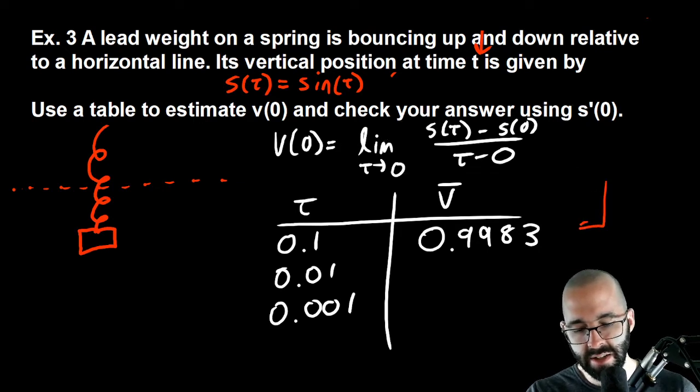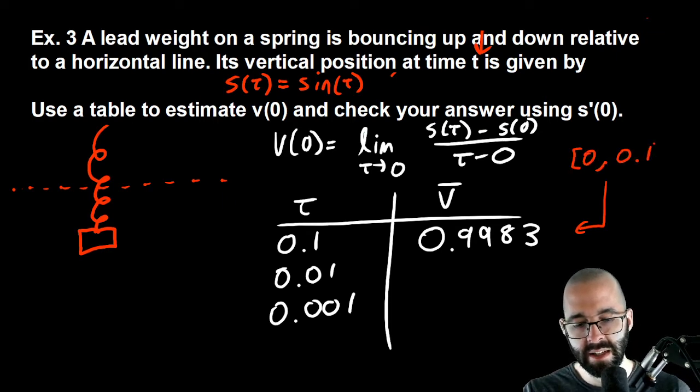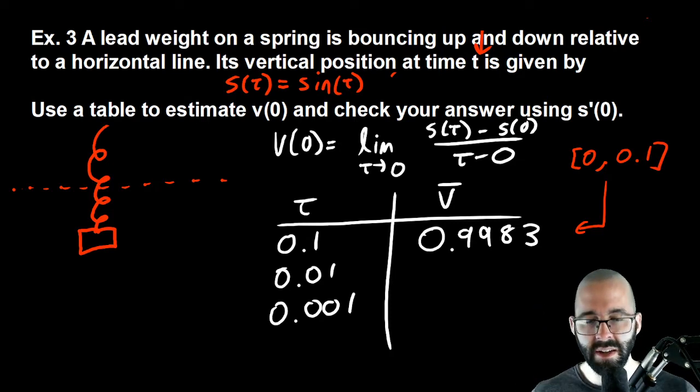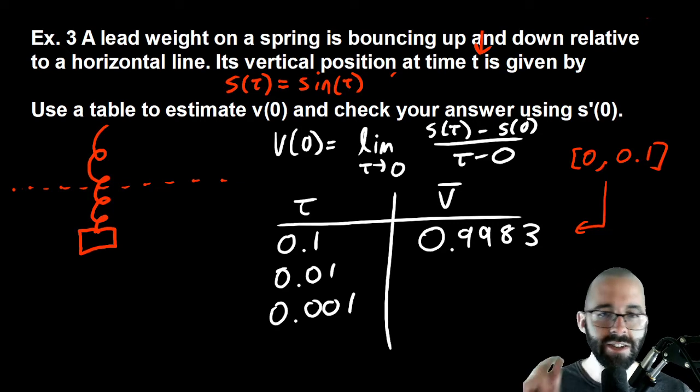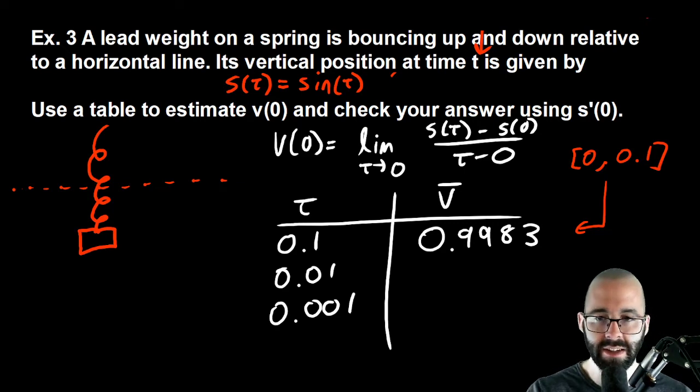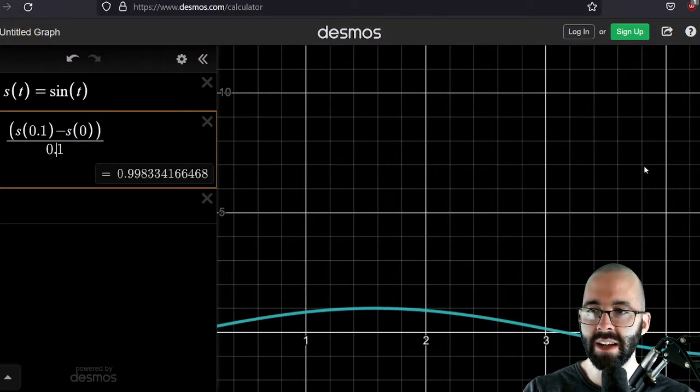Specifically, this right here is average velocity on the interval from 0 seconds to 0.1 seconds. And as we make this interval smaller, as we calculate the average velocity over tinier and tinier intervals, we're hoping that average velocity approaches the instantaneous velocity. Let's add another 0. Average velocity is 0.99998.